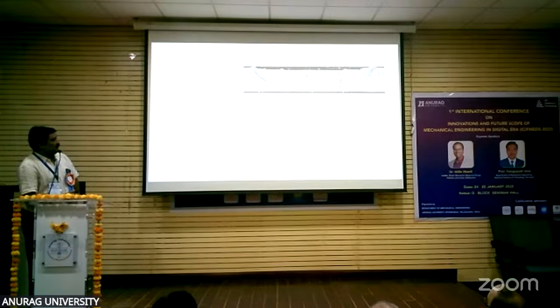The first one is the base material structure, but it is not clearly observed in the optical microscope, so we go for SEM. Grains are clearly visible in SEM compared to the optical microscope. The base material shows bigger grains, then the heat affected zone, the thermomechanical heat affected zone, and E is the nugget zone. Fine grains appear in the nugget zone, which is the weld zone.